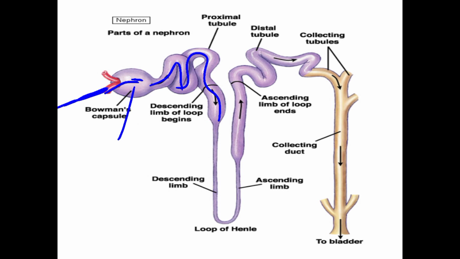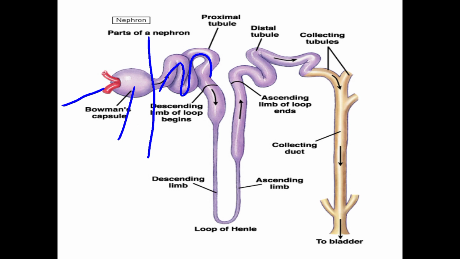The renal tubule mainly contains, first, the PCT, the proximal tubule. From here the tubular portion begins. The first part is the proximal tubule, or proximal convoluted tubule.